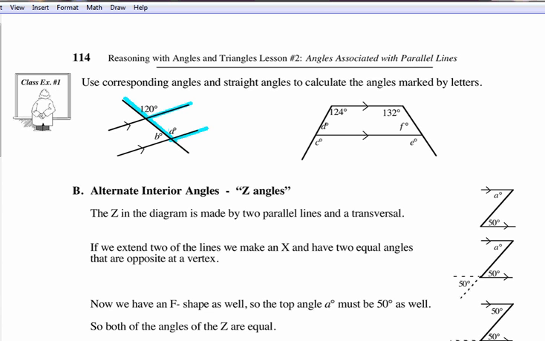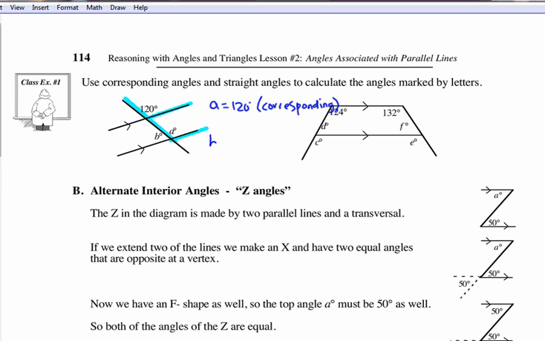So angle A is equal to 120 because it's corresponding with the 120. It's good to put the reason in brackets because we're going to have to do proofs later on. So you have to know the names of these angles, not just, oh, I know it's 120 because we've done that before, but it's called corresponding.